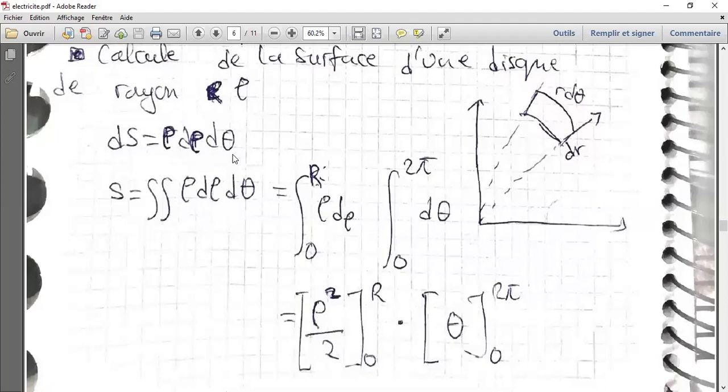Rho and d rho both talk about radius, so when finding the surface or the volume you integrate in terms of rho d rho, and d theta is on its own.